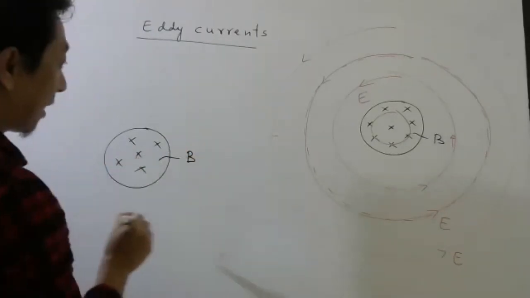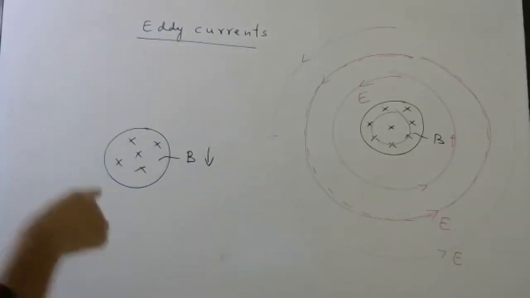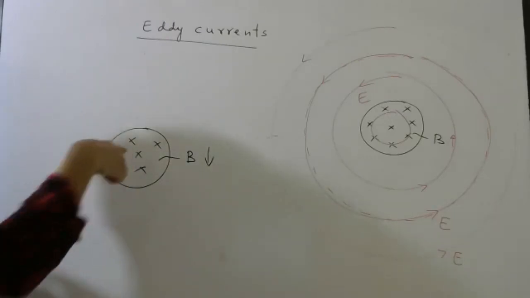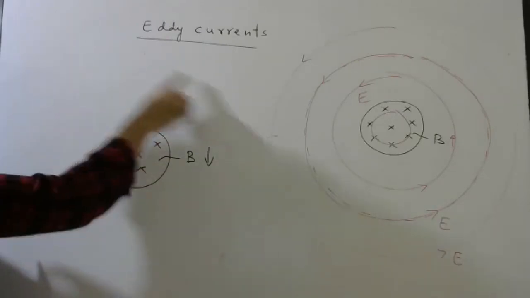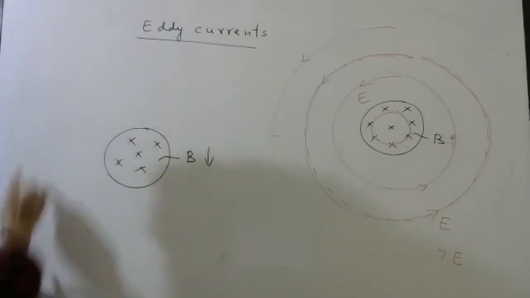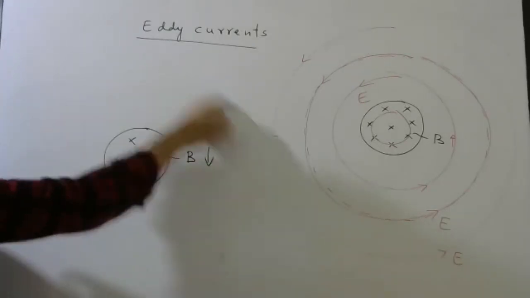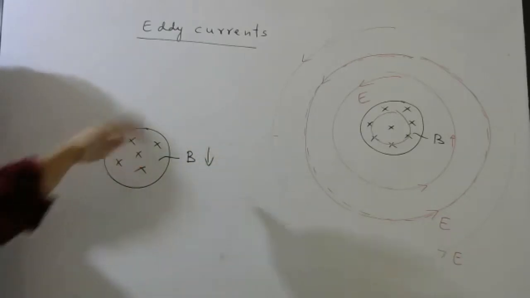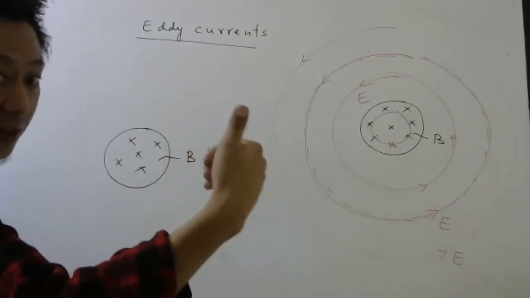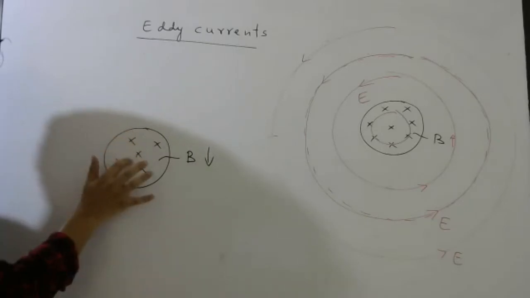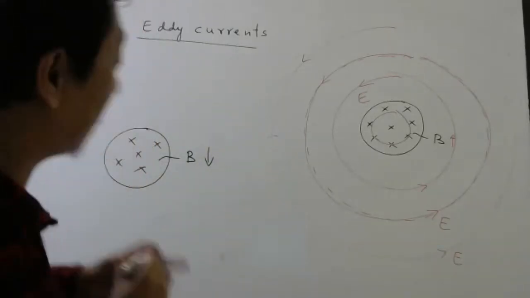See, in the same way, suppose this is the region in which there is a magnetic field. And suppose this magnetic field is decreasing. So if this magnetic field is decreasing, your induced current, if there was a wire, should flow this way, so that this magnetic field will support the decreasing magnetic field.